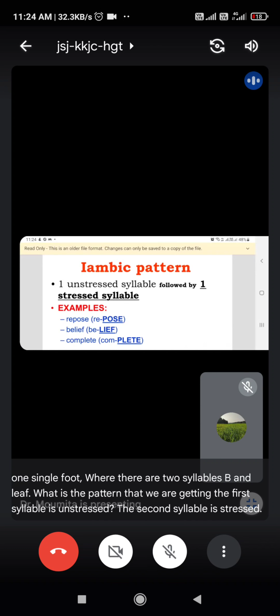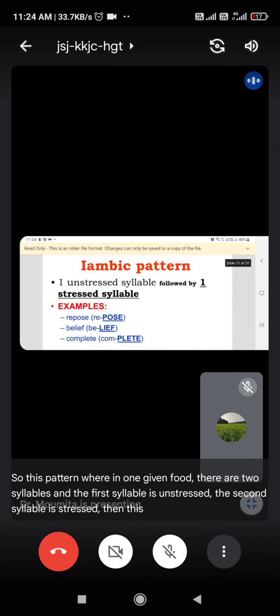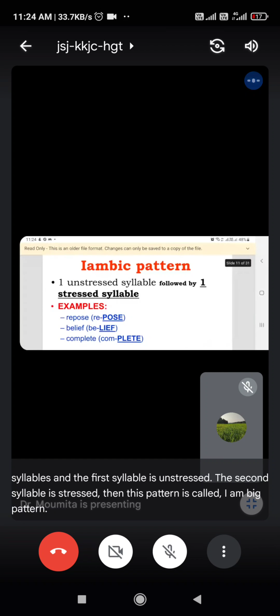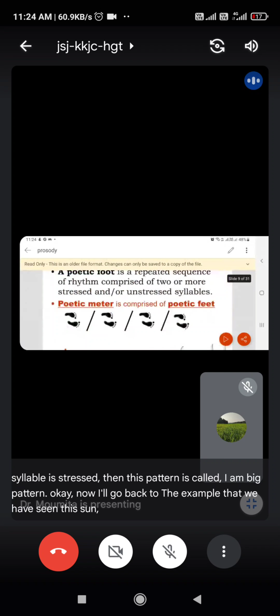So this pattern where in one given foot there are two syllables and the first syllable is unstressed, the second syllable is stressed, is called iambic pattern. Now I'll go back to the example that we have seen, this sun. Let's go back to the example.